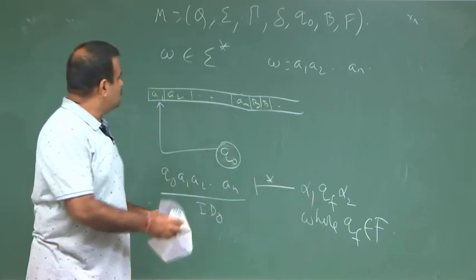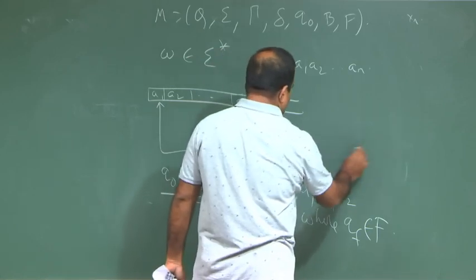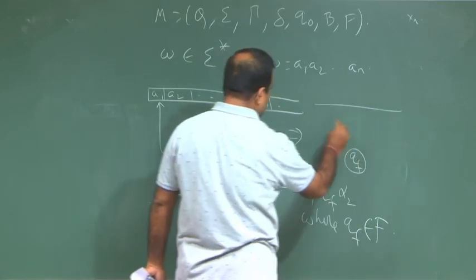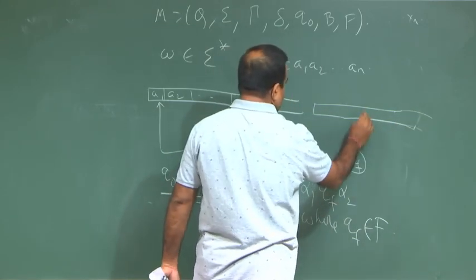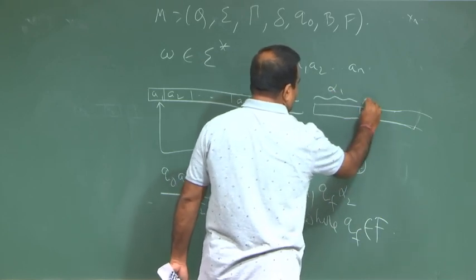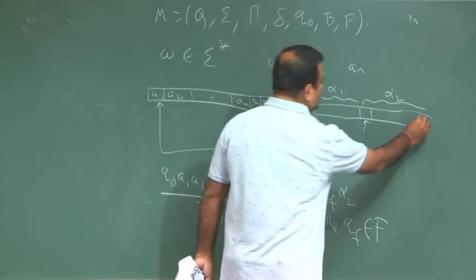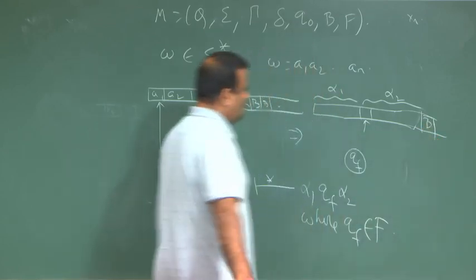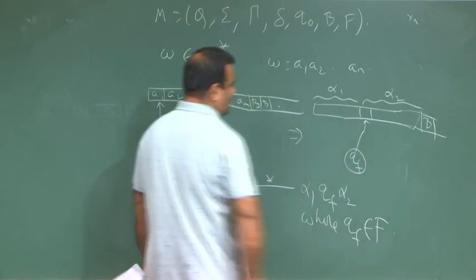So, if it is going to a situation like this, we are at say QF, we reach, and our tape is like this. There is no end over here. It is pointing here, and this is say alpha 1 and this is alpha 2 up to this, and after that we have the blank symbol, and this is pointing here.